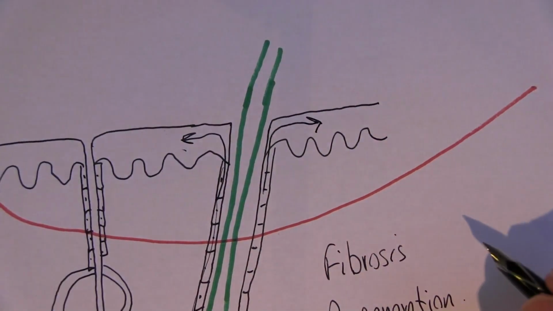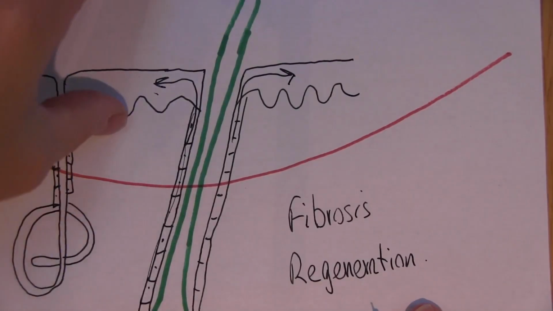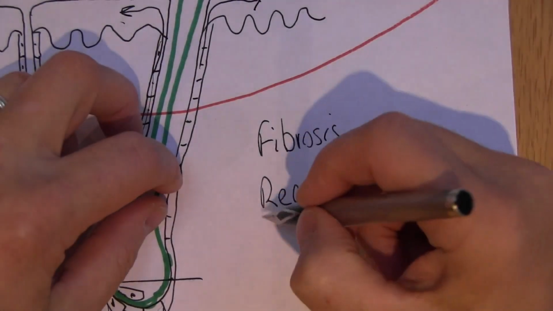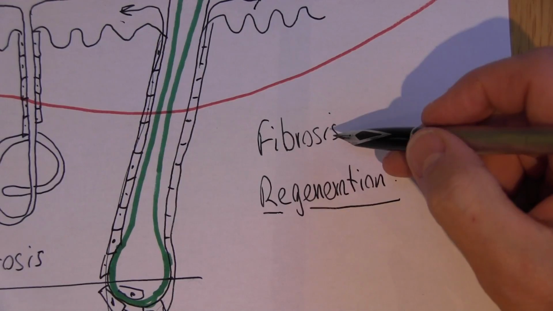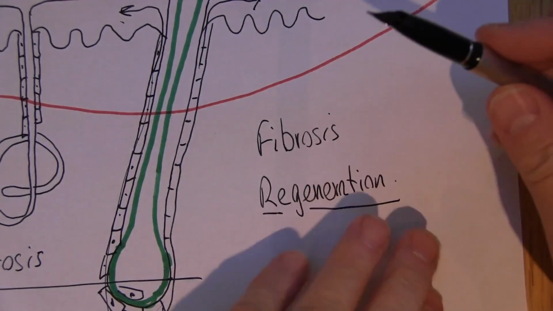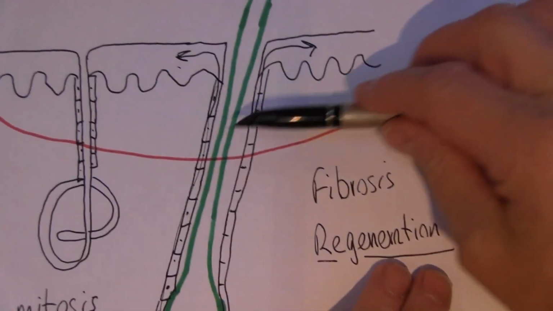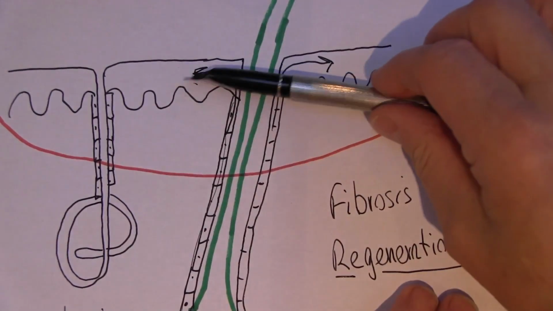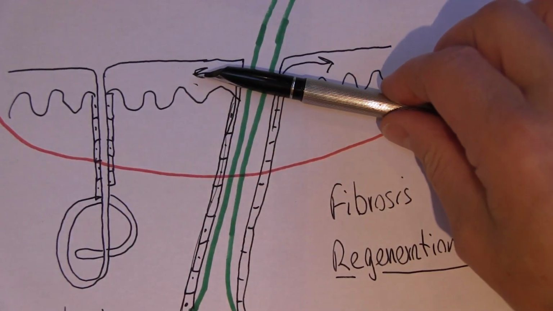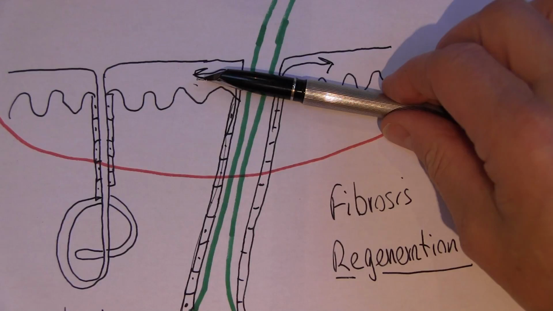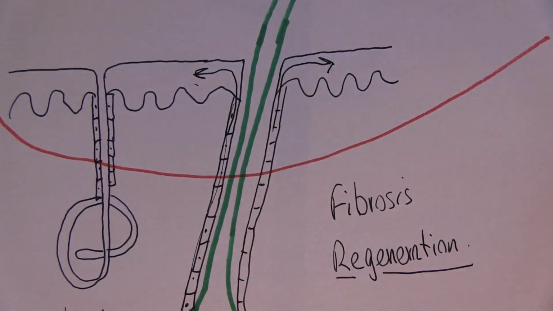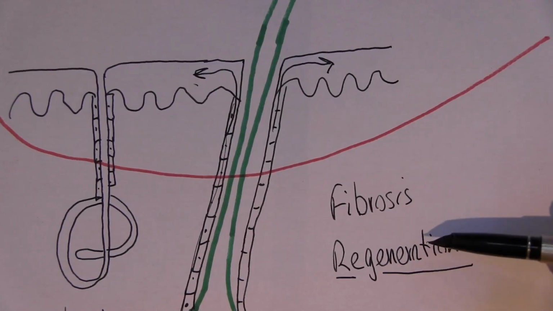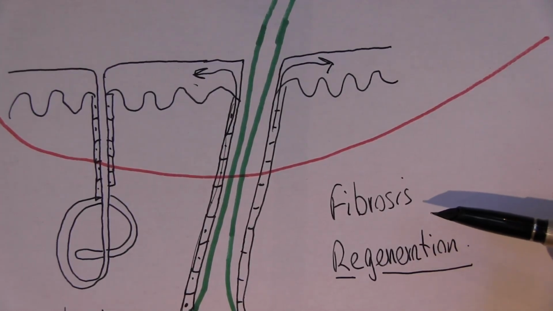So that means we have an epidermis produced by regeneration rather than scar tissue produced by fibrosis. And this means that if these shallow dermal injuries are well managed, we can get regeneration of the epidermis. That means we get good cosmetic results because we get new skin, which is great. And it also means we get good functional results because we don't get the scar tissue and the contractures.